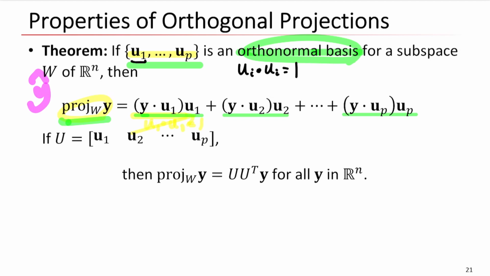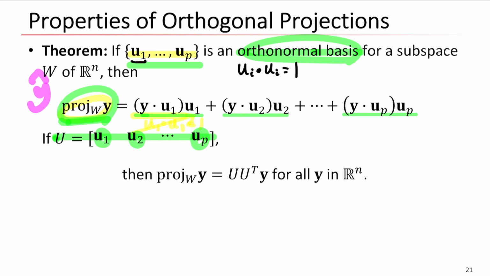So this is another theorem. In other words, if we have the matrix U that has the orthonormal basis as its column vectors, something like this, right? Then we can represent this in terms of matrix multiplication, right?